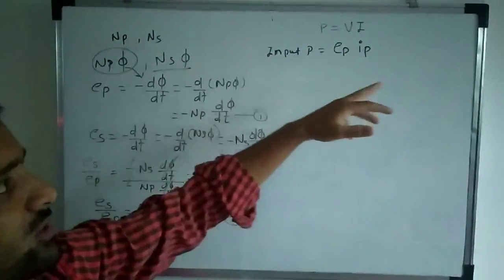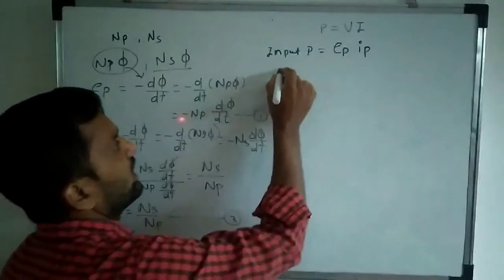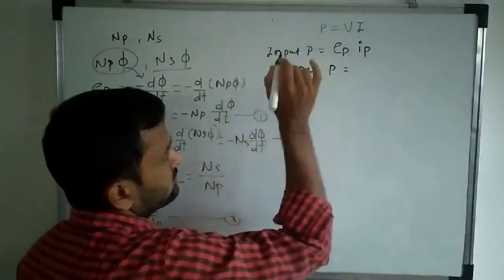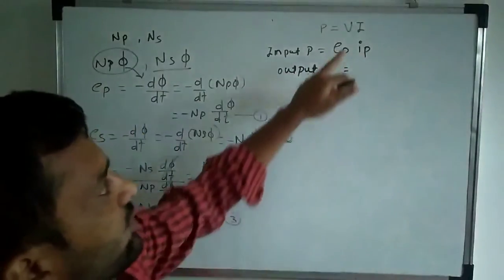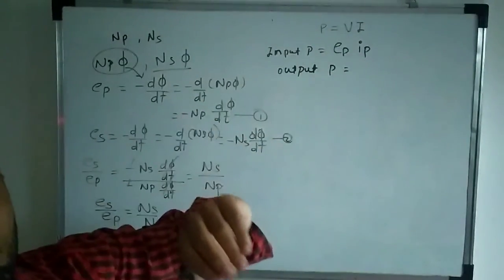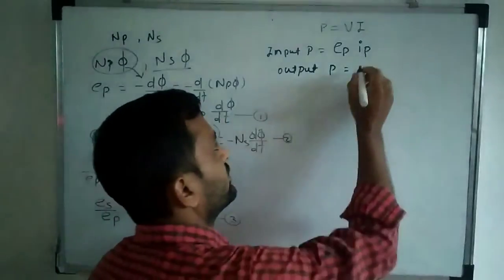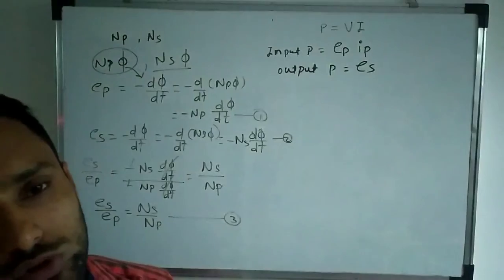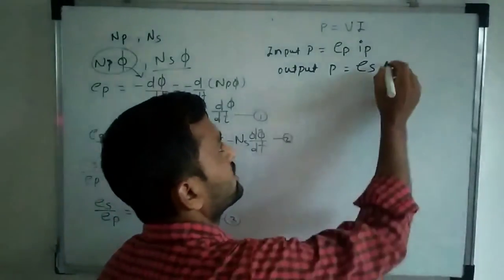Similarly, how can we write the equation for output power? At the output, the potential difference is nothing but the induced EMF across the secondary, ES. And what will be the current across the output?